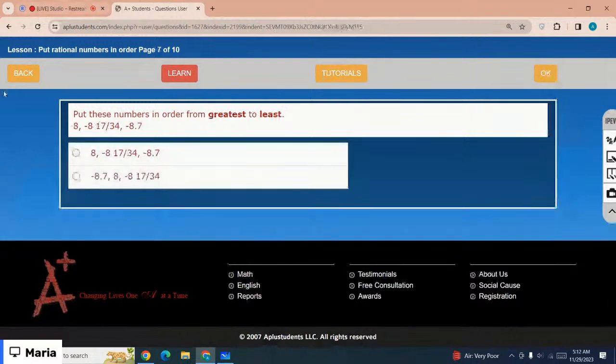Okay, you can complete the lesson by yourself. Okay, let's just finish this one. Put these numbers in order from greatest to least. So which is the correct option?